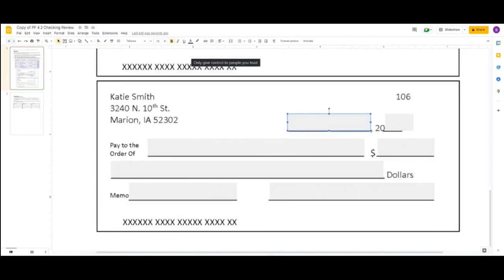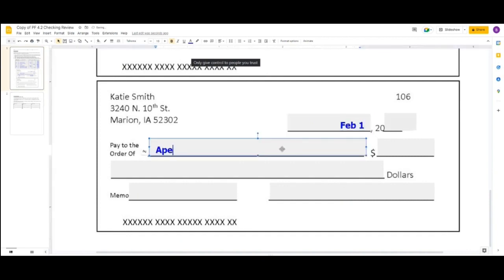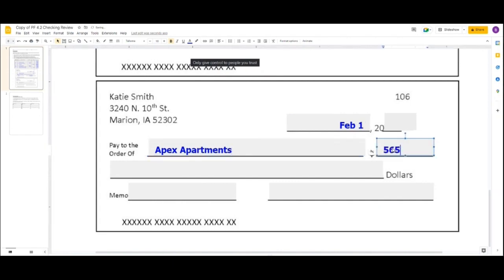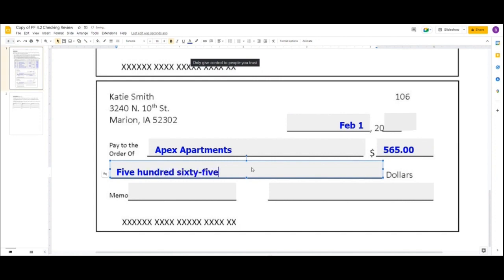Okay, check 106 was written on February 1st to Apex Apartments, $565. So I could just do 565, okay, and that would work.